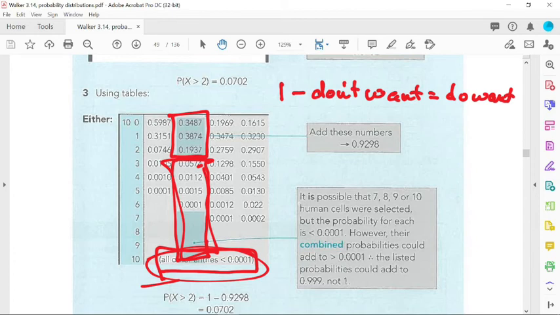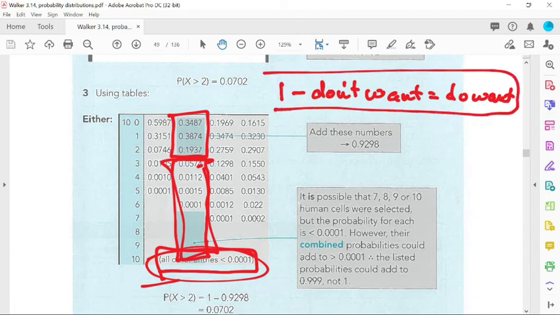Right? Remember we did that on Poisson as well. Get used to using that piece because it's critical to being able to do some of these questions where they already gave you a part where you don't want this, so what is it you do want? Okay? So we added those together and subtracted from 1, and it gives you 0.0702.